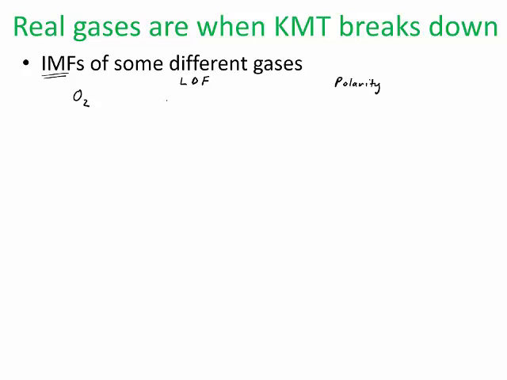When we analyze London dispersion forces, we're looking at the total number of electrons, not just valence. Oxygen has 16, and that would imply weak London dispersion forces. The polarity is nonpolar, so it's just O2, and there's no dipole arrow to draw there.